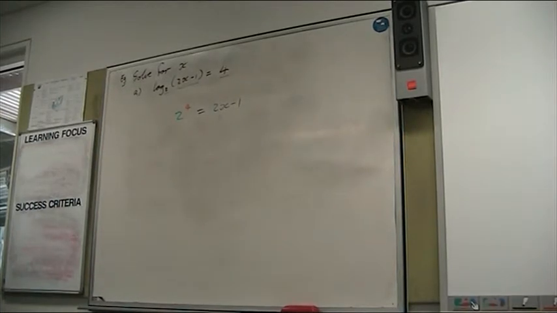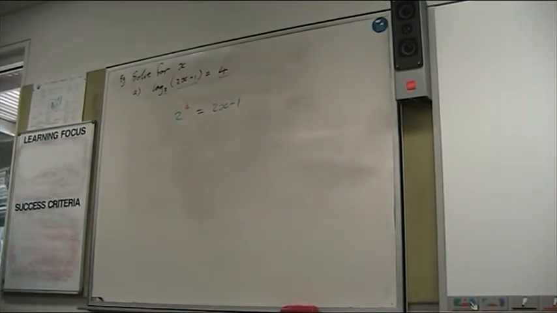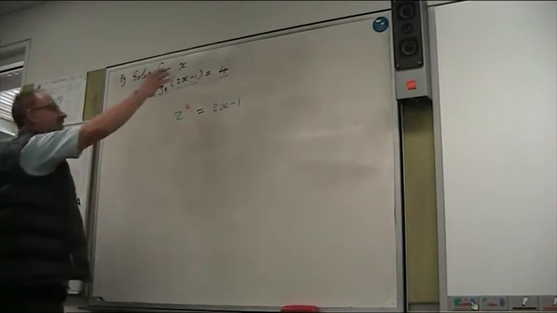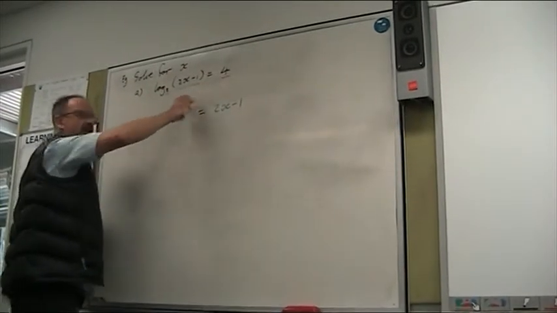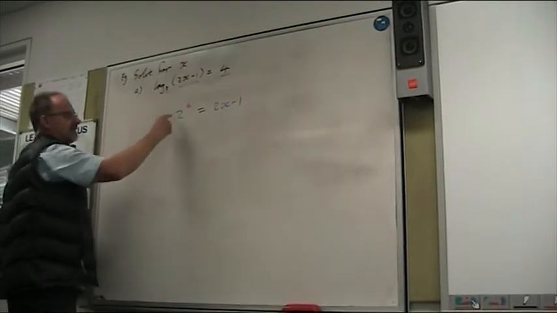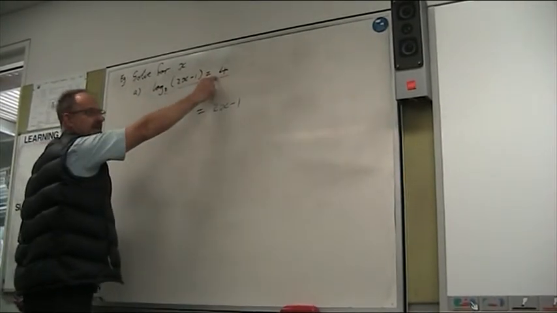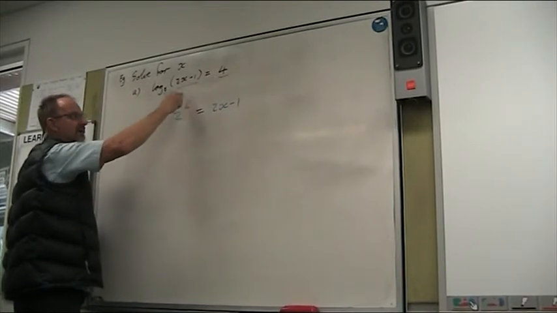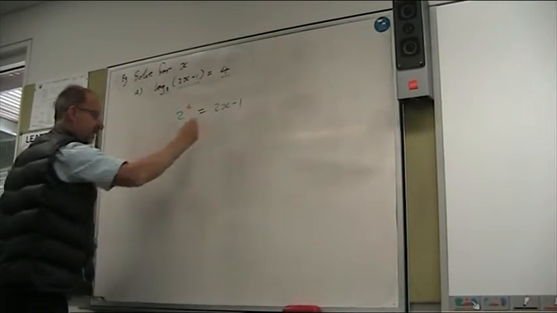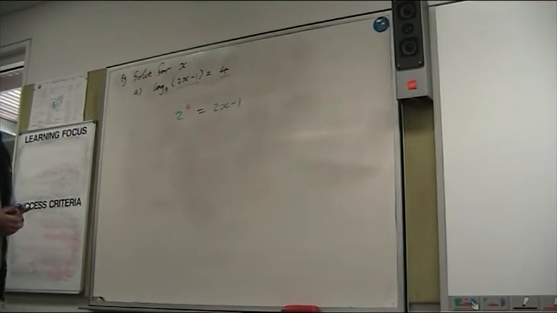I'm just using a colour to highlight, students in New South Wales, changing from a log equation to an index equation. So the base here is the base there, the answer over here is the power, and that's there.